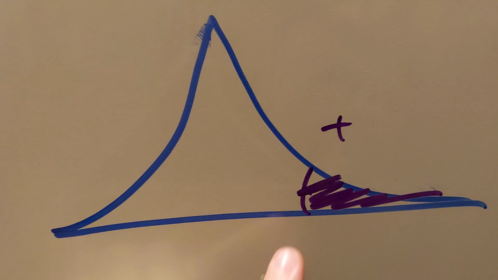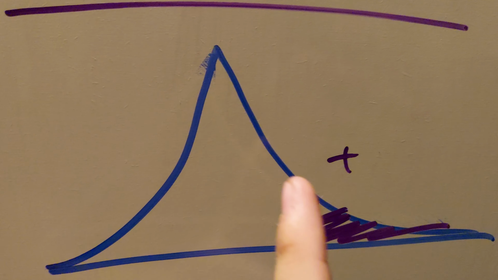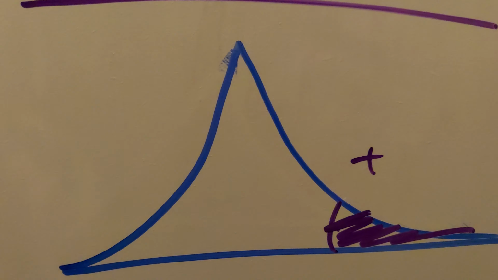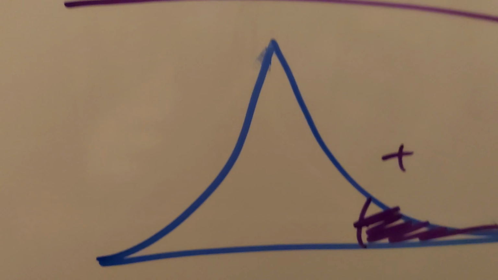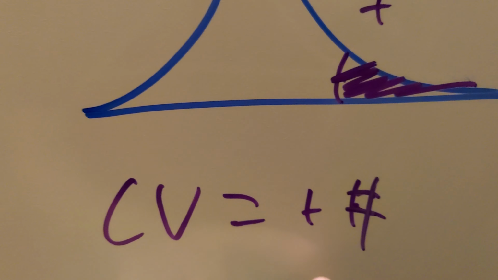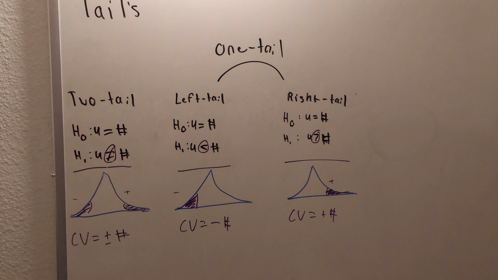Now, right tail looks something like this. Obviously, right tail will occupy the right space, which would be a positive side, or a positive number. I kind of already skipped that a little bit: the critical value would be a positive number, and that's the right tail.